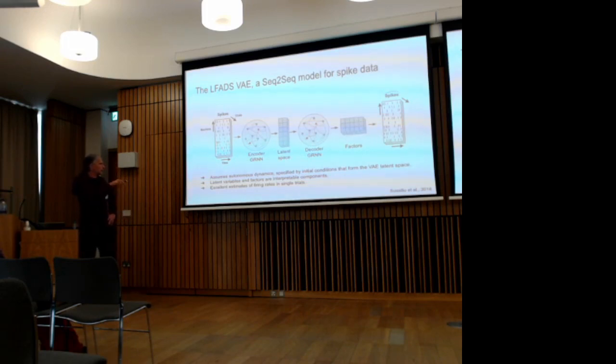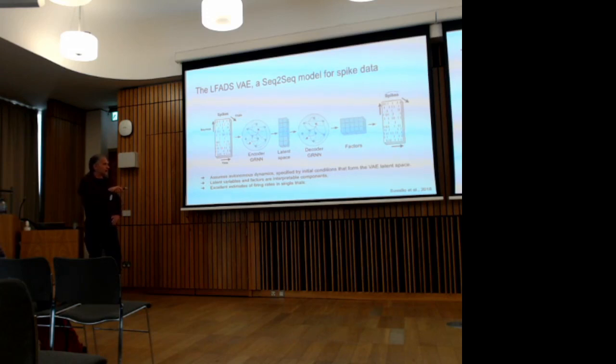So once we have those latents, this goes into the decoder part, which consists here of two components. First we have another gated neural network, and then we have a transformation into a lower-dimensional set of factors. And the hope is that those factors, which are not latent factors in the latent variable modeling sense, will be interpretable.